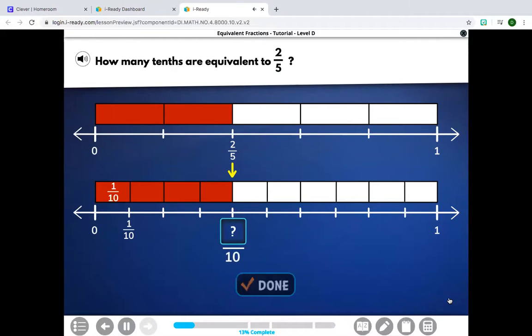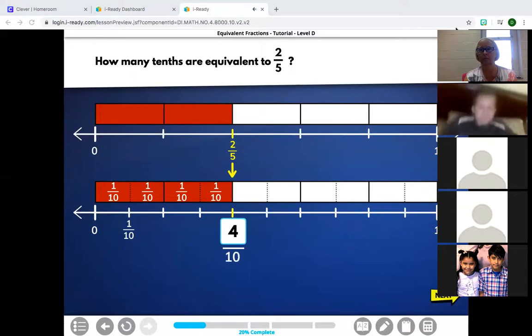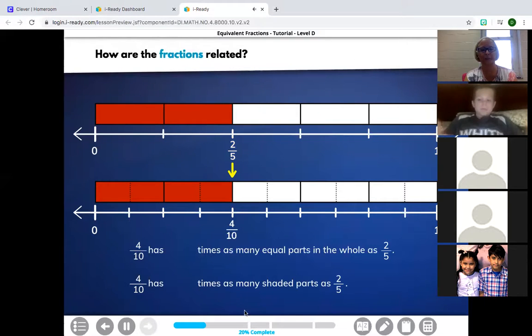How many tenths are equivalent to 2/5? What do y'all think? 4/10. Let's try. Precisely. I think I see a relationship between the fractions. How are the fractions related? 4/10 has blank times as many equal parts in the whole as 2/5. 2 times. 4/10 has blank times as many shaded parts as 2/5.